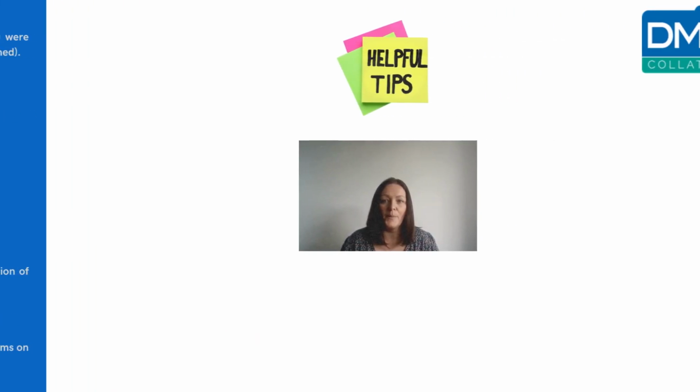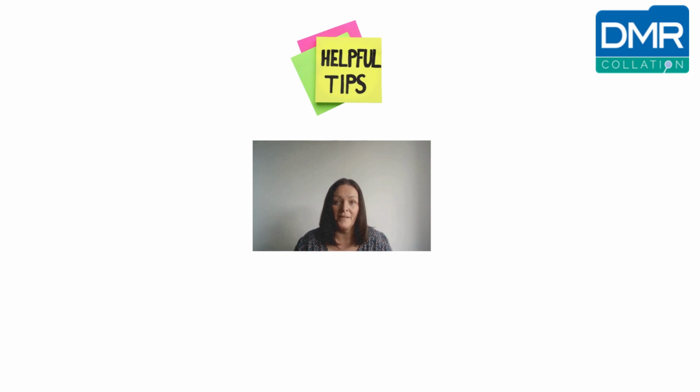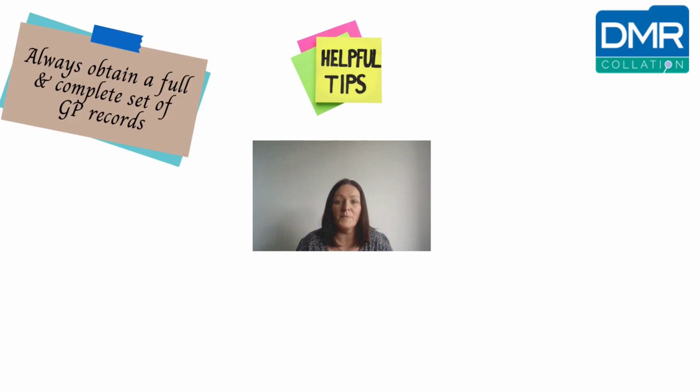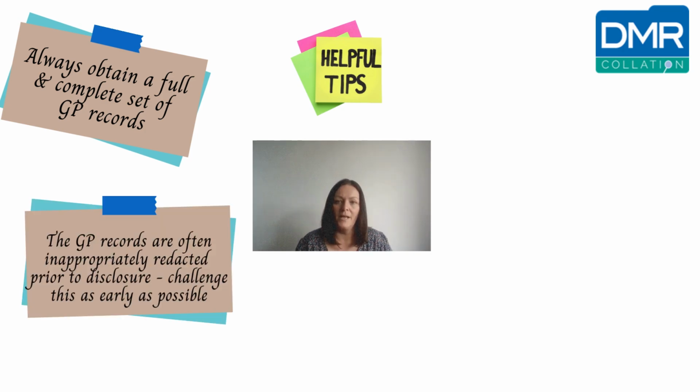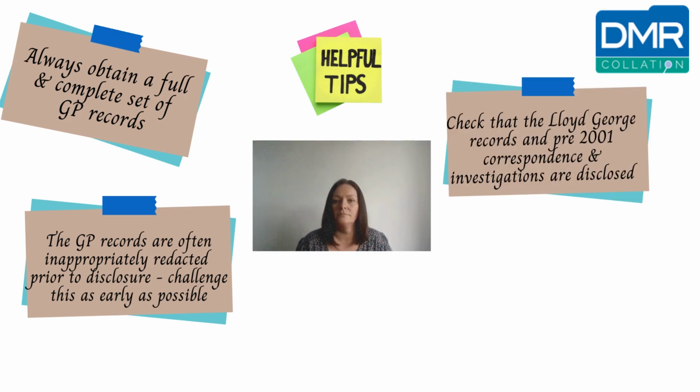So, in terms of helpful tips, we would recommend that you always obtain a full and complete set of GP records as a starting point. The GP records are often inappropriately redacted prior to disclosure. If this happens, don't forget to challenge this at the earliest opportunity.